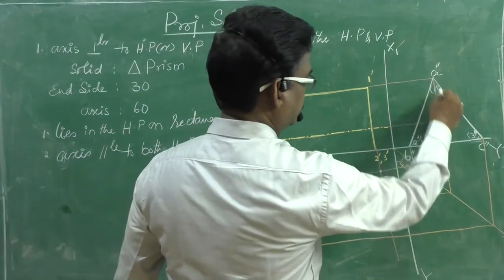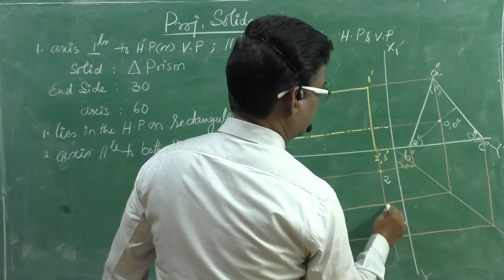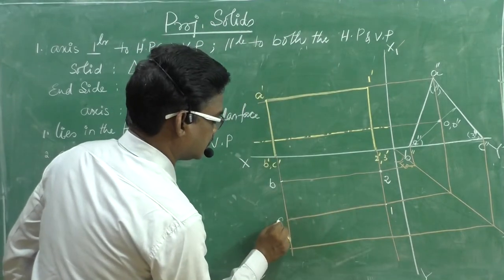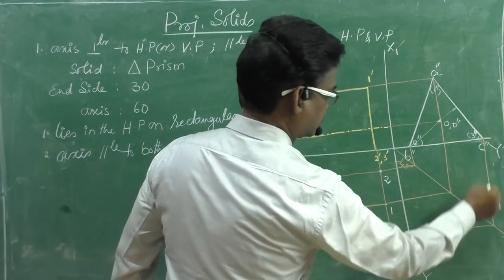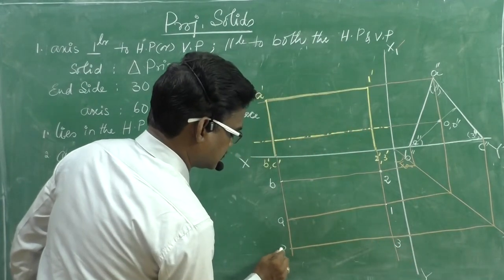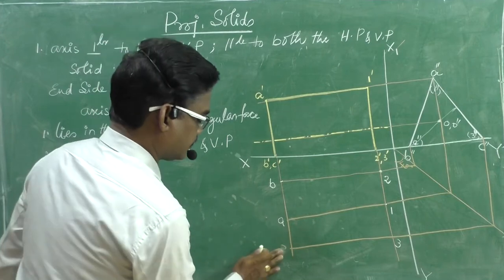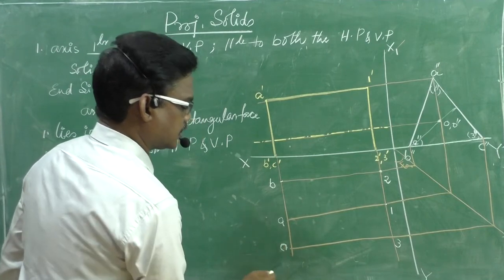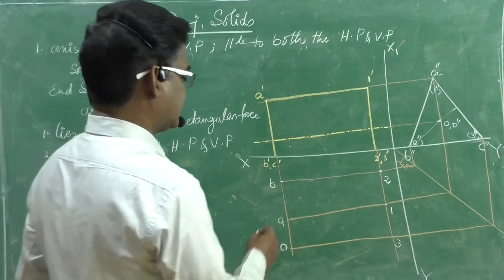Now, this will be 1, and this will be A, and this is 3, and this is C. Okay? This is C, right? Respective notation that is completed.